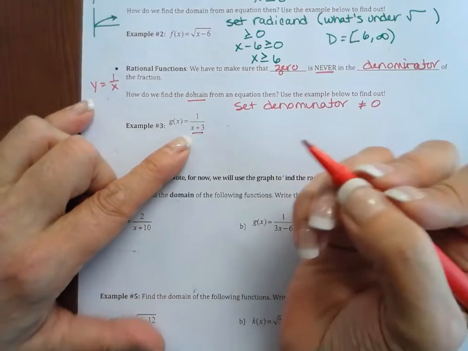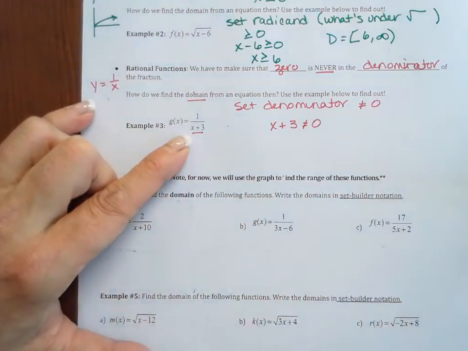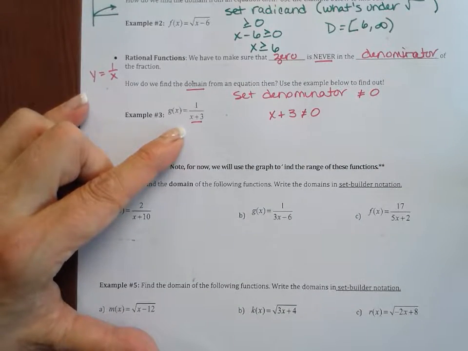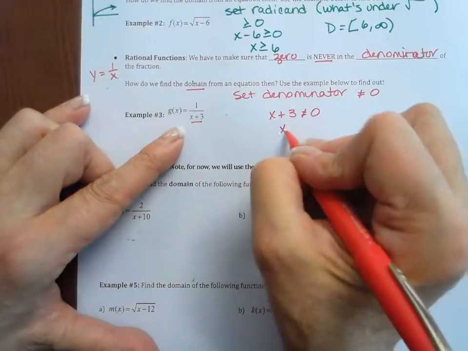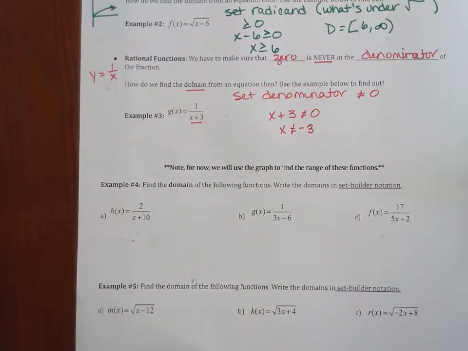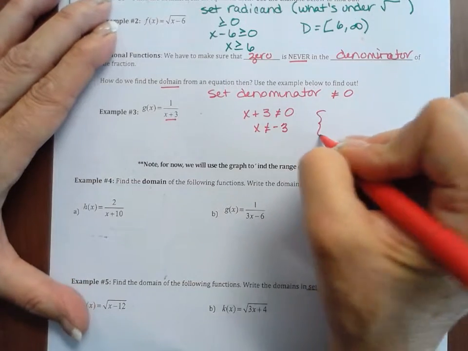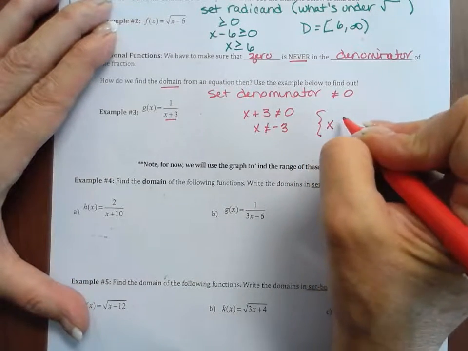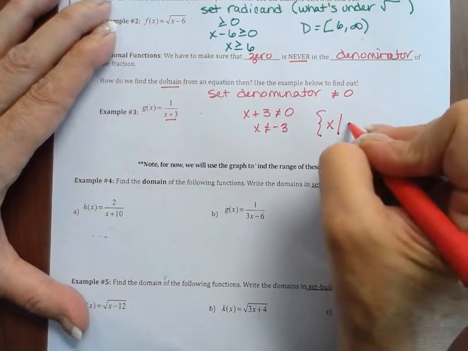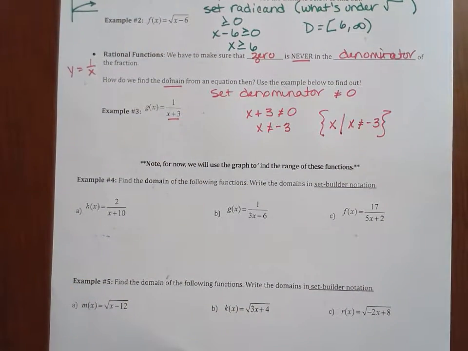My function is x plus 3, so x plus 3 cannot be 0. That means that x cannot be negative 3. So in my set builder notation, I can say, hey, all x such that x just can't be negative 3.